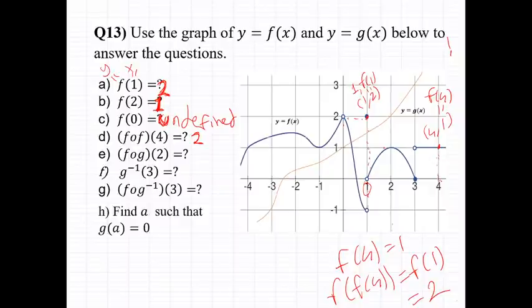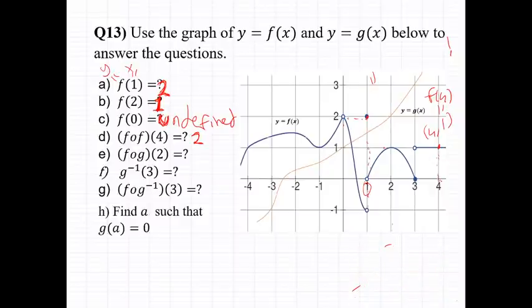Now f composition g of 2. So what is g of 2?